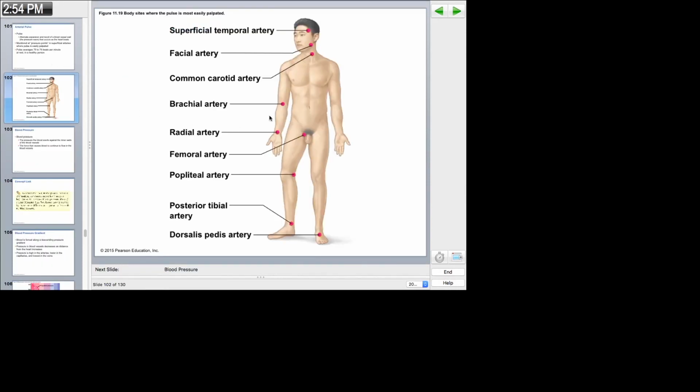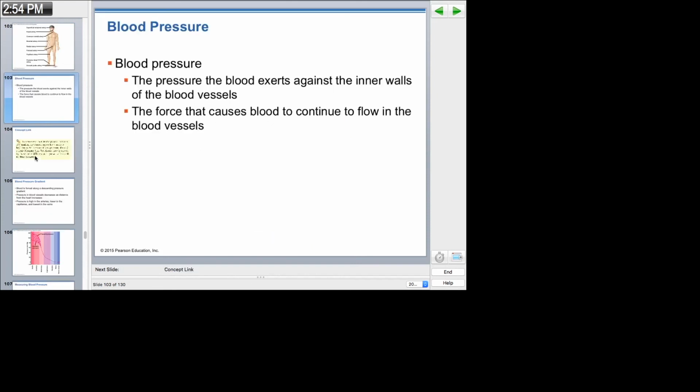I've already said that we find blood pressure most commonly through the brachial artery. The blood pressure that we take with a blood pressure cuff measures the amount of pressure that the blood exerts against the blood vessels behind that cuff. It's the force that allows the blood to continue to flow in the blood vessel.